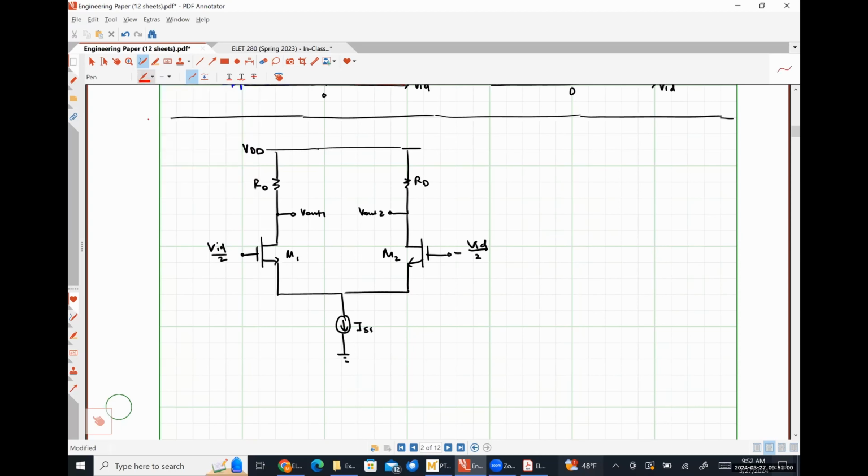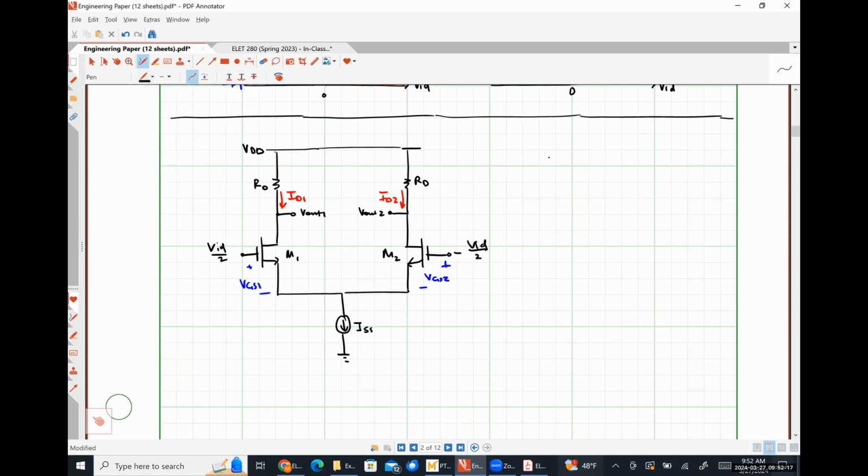Just identifying my currents and voltages really quickly here. ID1, ID2, VGS1, and VGS2.